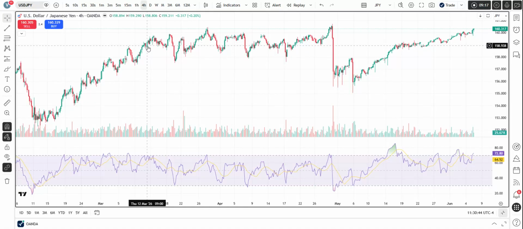So that's a sign right there that it's getting tired, and then it refreshed, and then the fifth wave didn't really go that far, and then it came back down, and it hit the previous. It went down into the previous waves, and then it recovered, and then it came back down, and then it recovered again.